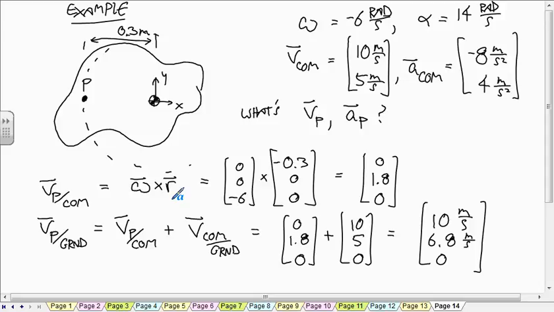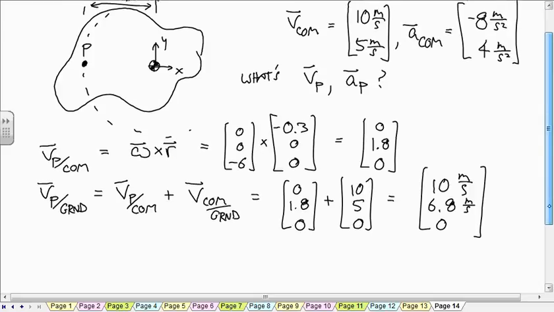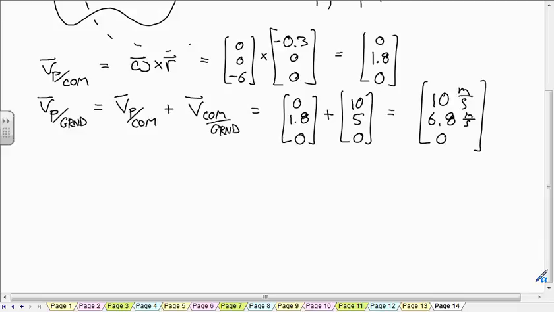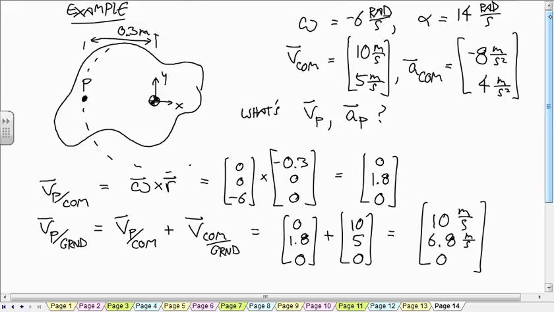All right, so now acceleration. What do we expect for the acceleration components? Is there going to be tangential acceleration? Well, we have angular acceleration, so that means there's going to be tangential acceleration.